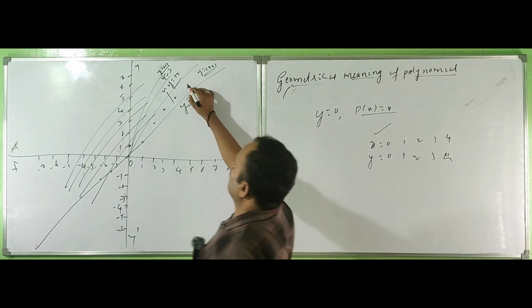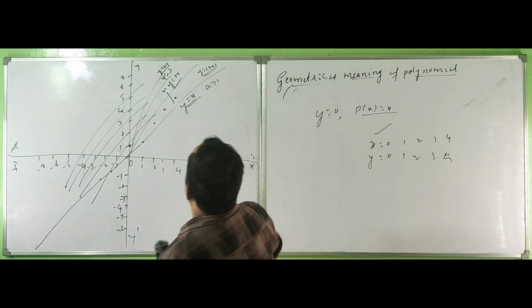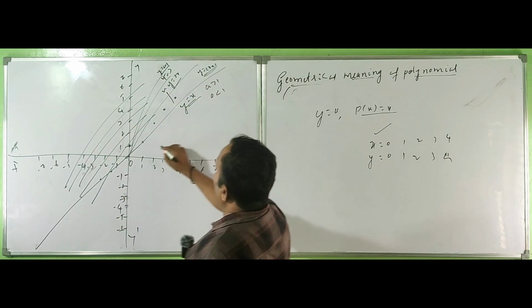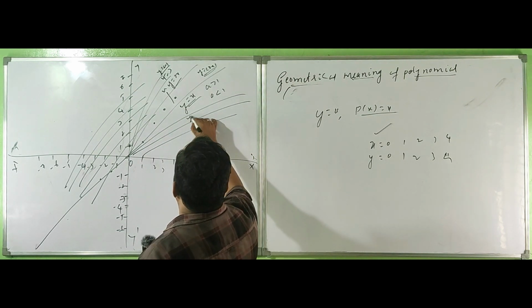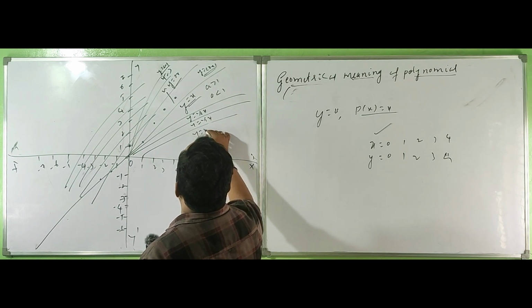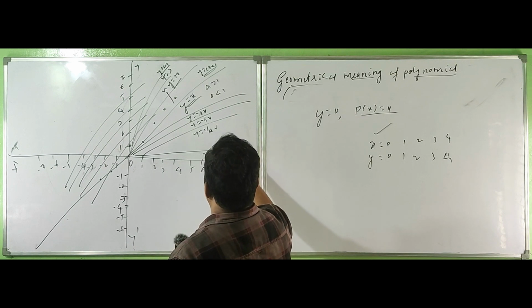If the coefficient a is greater than 1, we get the lines on this side. If a is less than 1, we get the lines on this other side. This is y is equal to 1 by 2x, y is equal to 1 by 3x, y is equal to 1 by 4x, nearing y equal to 1 by 100x.